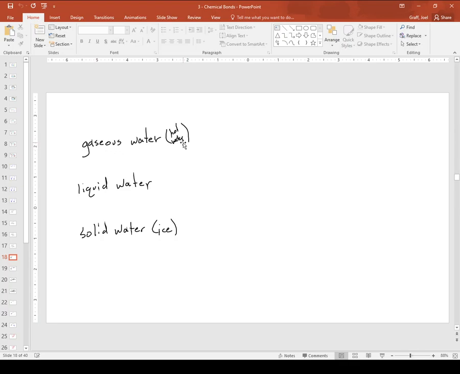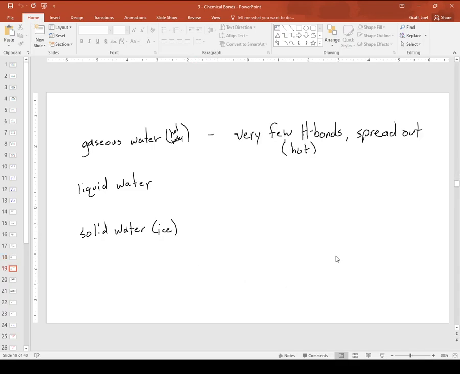You can have gaseous water. You typically think of that as hot water, especially under 1 atmosphere of pressure. Under 1 atmosphere of pressure, liquid water would be okay to touch for the most part, and then solid water would be ice at normal atmospheric temperatures.